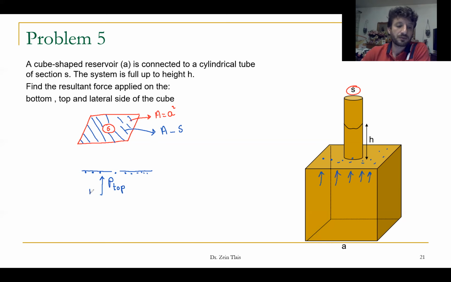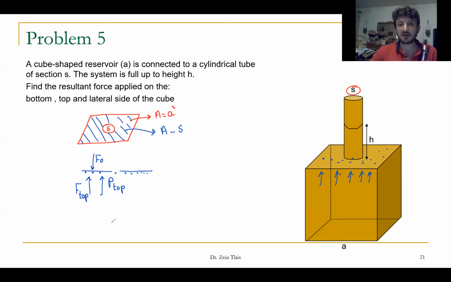For P at the top, we have F at the top, the total force applied from the internal side, and also from the external side, we have F0.